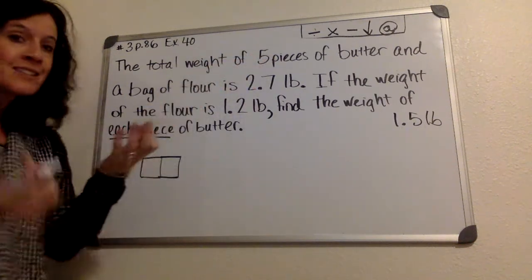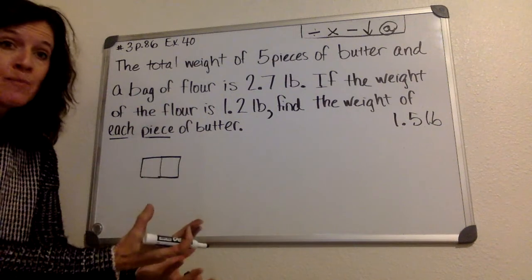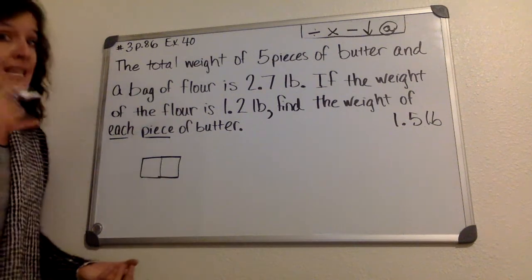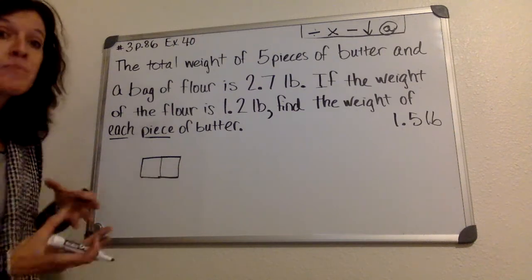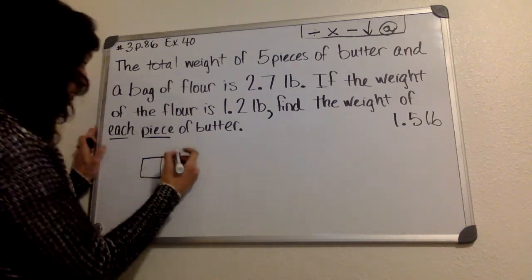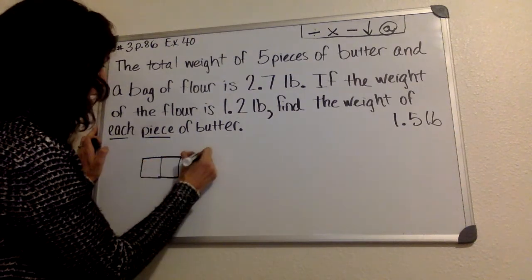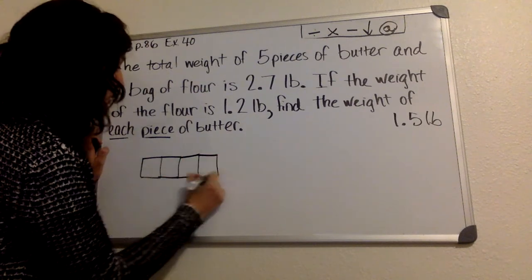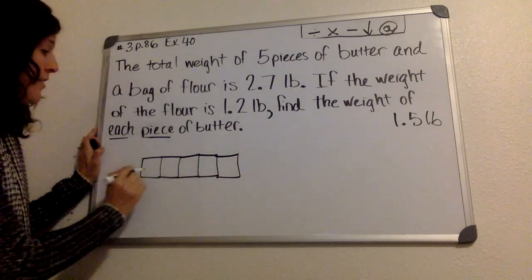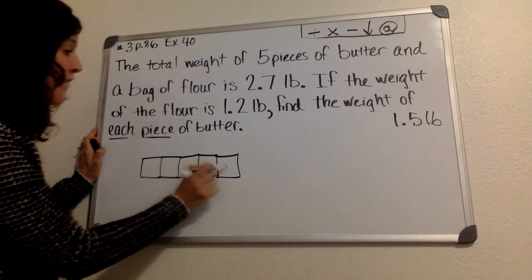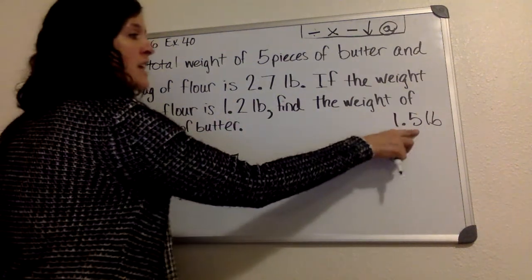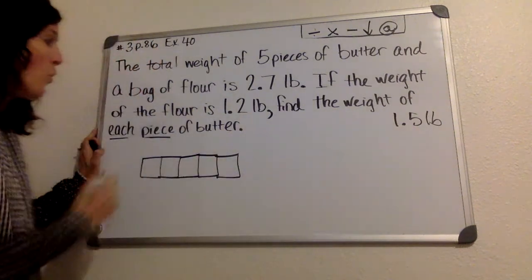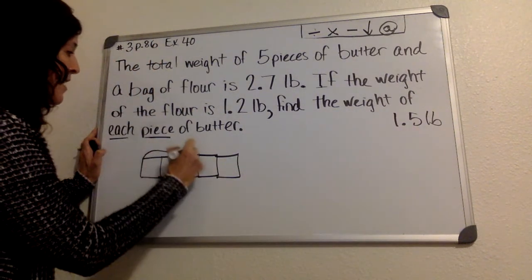If I have one piece of butter that I bought at the store, it's going to be the exact same size and weight as another piece of butter from that brand. So I have 1, 2, 3, 4, 5 pieces of butter, and I know that altogether my butter weighs 1.5 pounds.